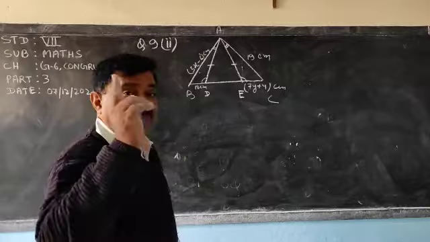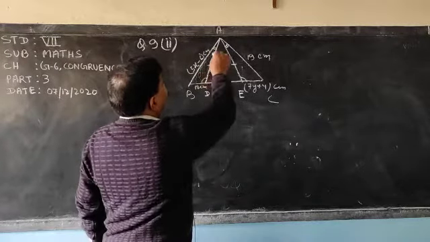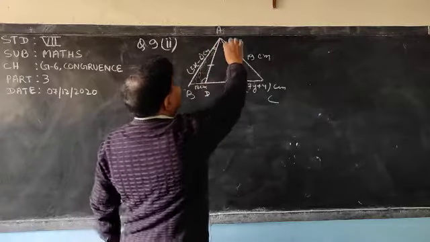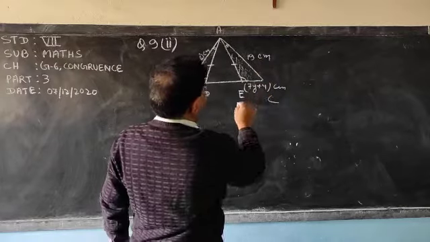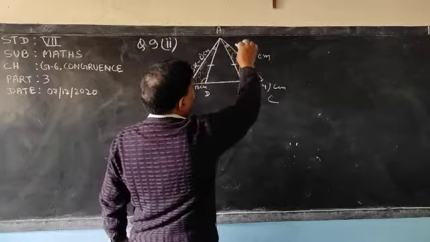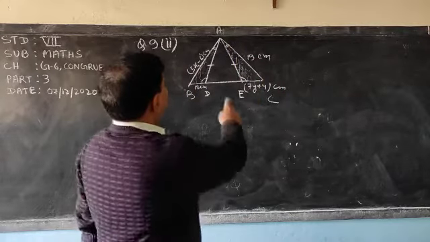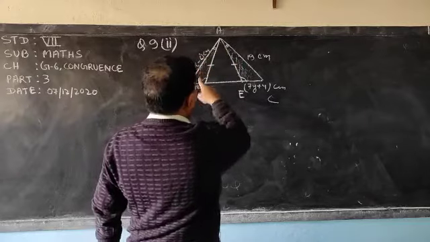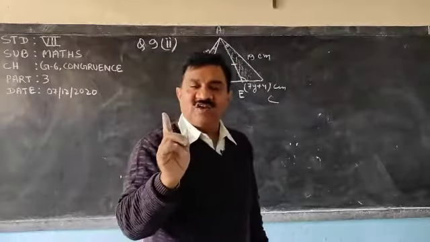Listen, if we prove that triangle ABD is congruent to triangle ACE, then by CPCT these two will be equal and these two will be equal. Very clear or not?